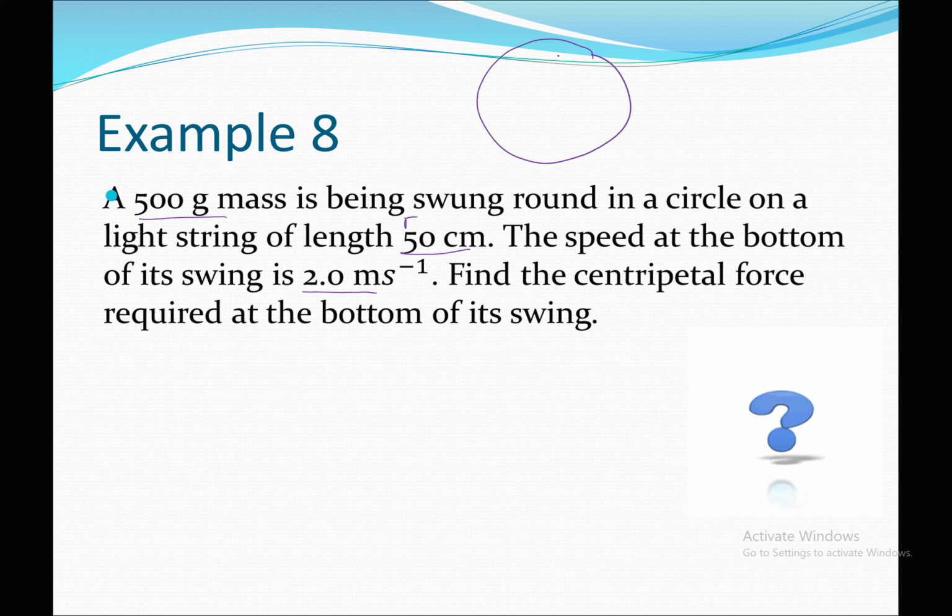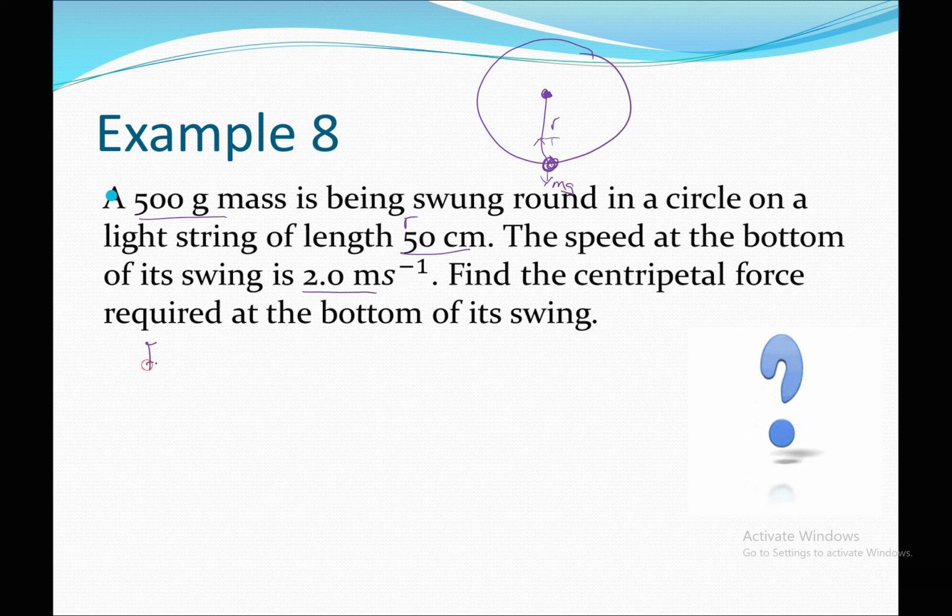So this is the circle. It is at the bottom somewhere here. The length from the position where the string is held to the object is 50, so that is the radius. Of course, the weight acts vertically downwards. The tension acts towards the center. So the difference between the two is the centripetal force.